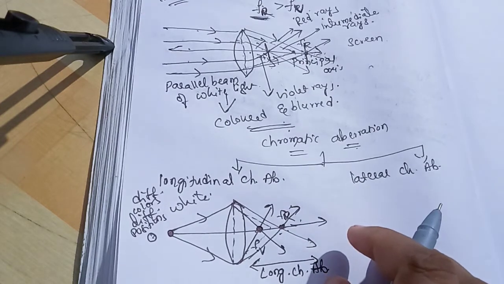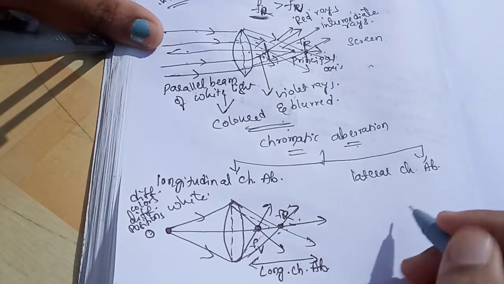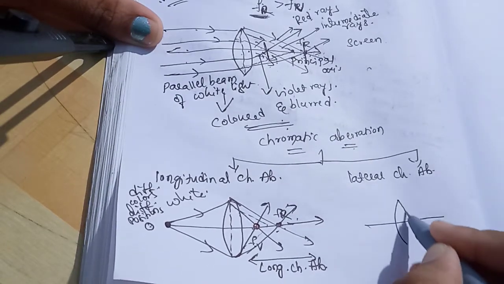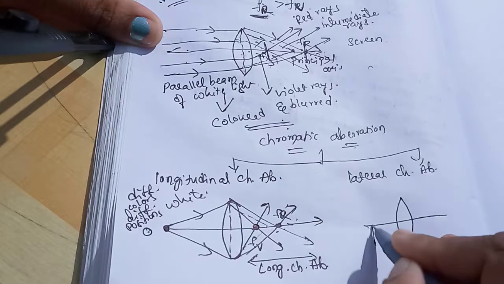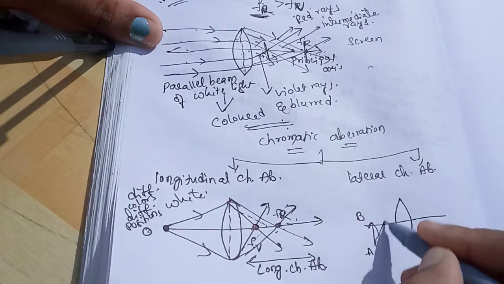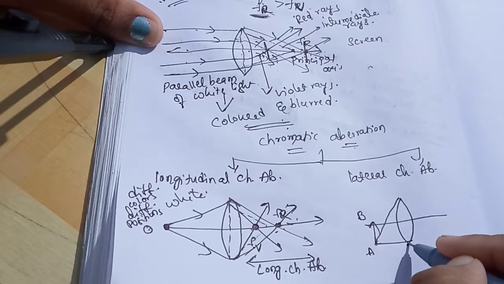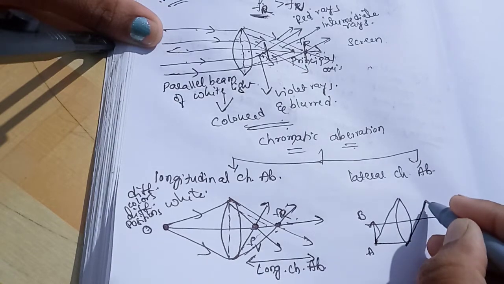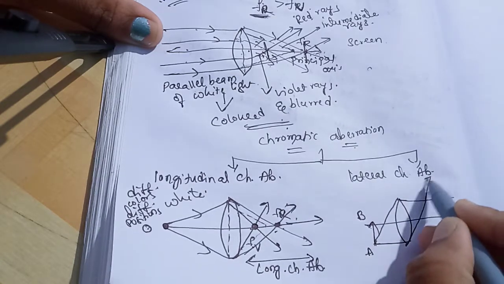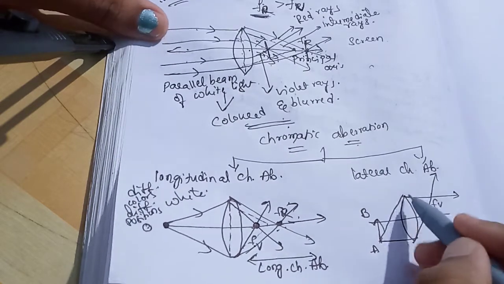Now let us go for lateral chromatic aberration. Again I am taking the convex lens. This is an object of a certain height, AB. As usual, violet rays, having lesser focal length, form their image at FV, nearer to the axis.